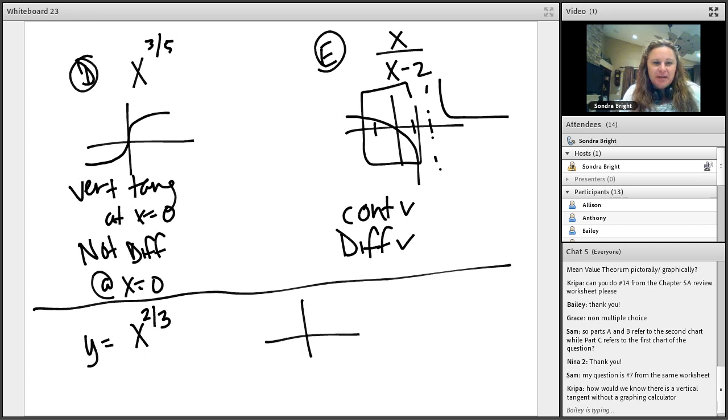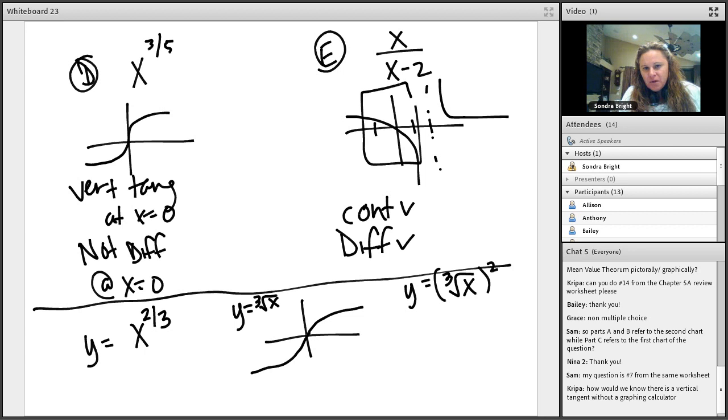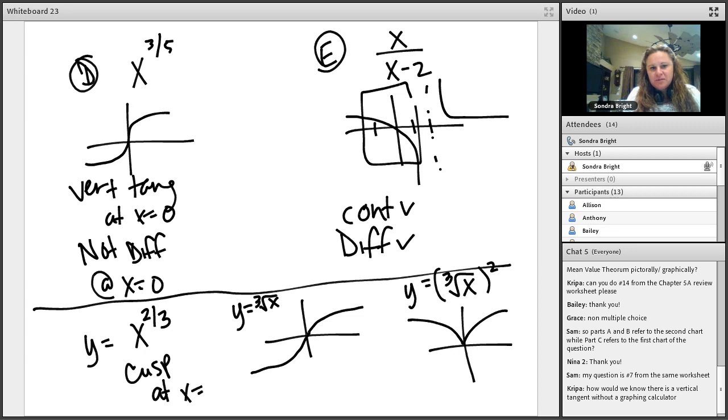You can think about it as y equals x to the 1/3, which is the cube root of x. It looks like a sideways swimmer stroke. But then when you square it, it takes these guys and turns those negative y values positive. So this guy is a cusp at x equals 0.